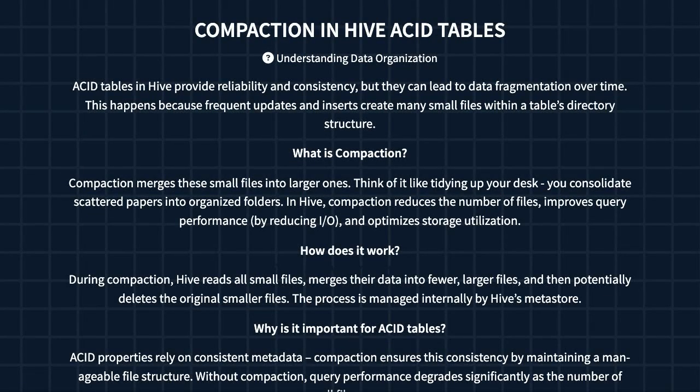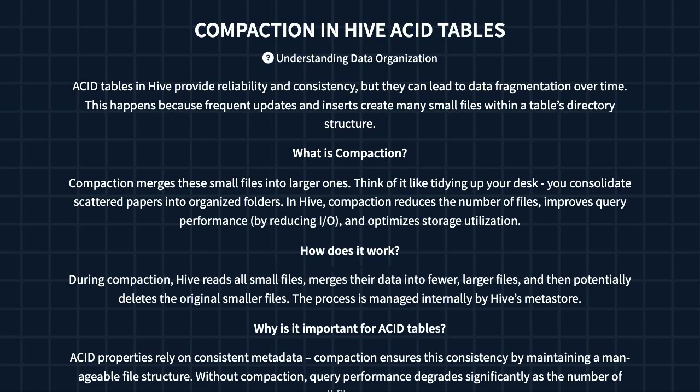Okay, let's talk about compaction in Hive's ACID tables. These tables are designed to be reliable and consistent, but a key thing to understand is that as you continuously update or insert data, the table can become fragmented, meaning it ends up with lots of small files stored within its directory. Compaction is like tidying your desk. It's the process of merging these smaller files into fewer, larger ones.